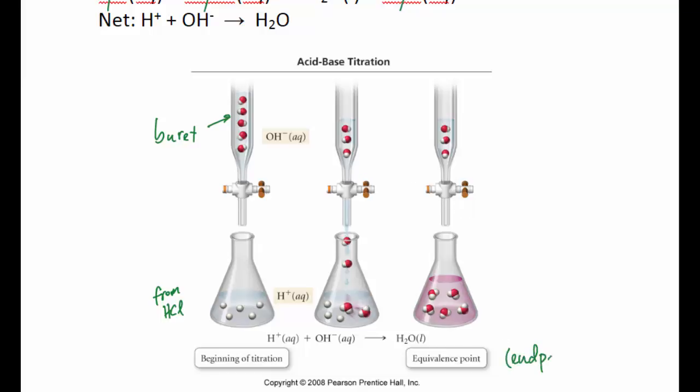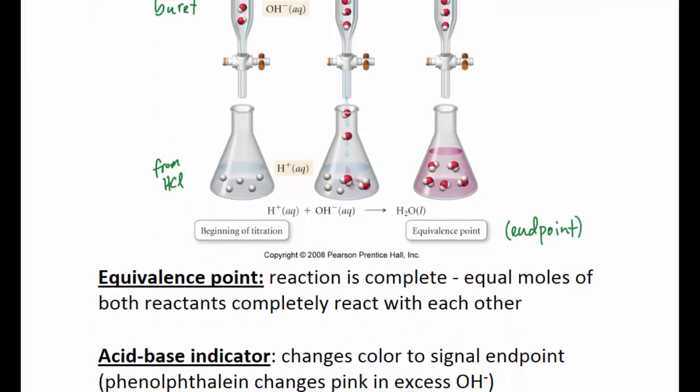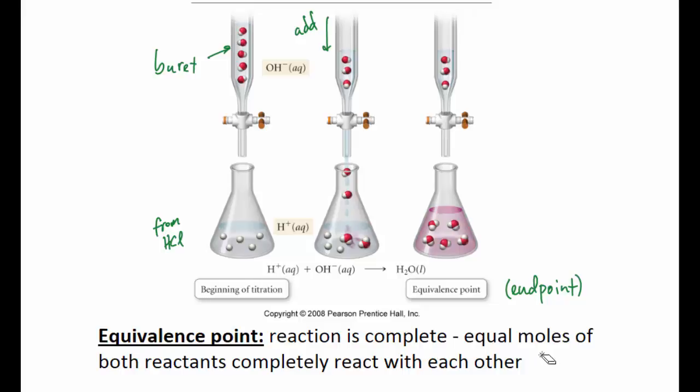Let's write end point there, because sometimes it's called that, where we've added just enough from the burette to completely neutralize the reactant that was there in the beginning. Okay? That's the equivalence point, or the end point, when the reaction is complete, or when equal moles of both reactants completely react with each other.